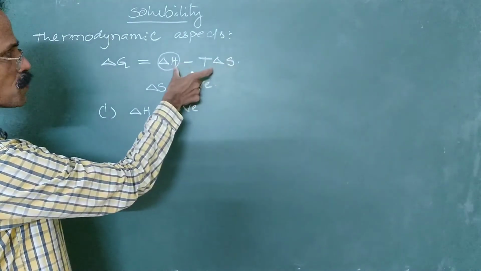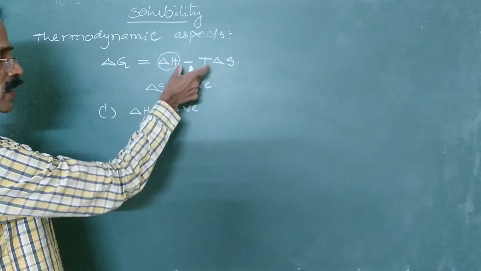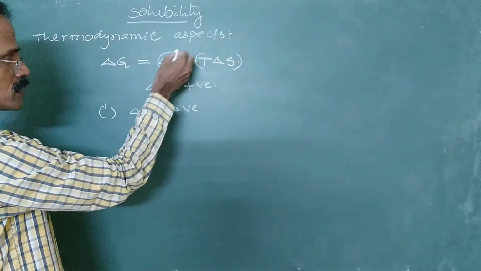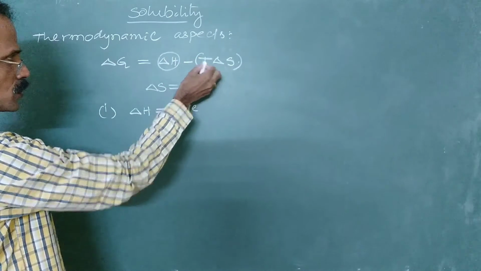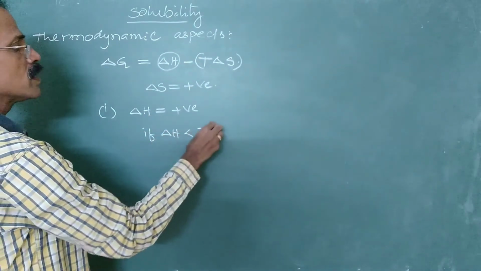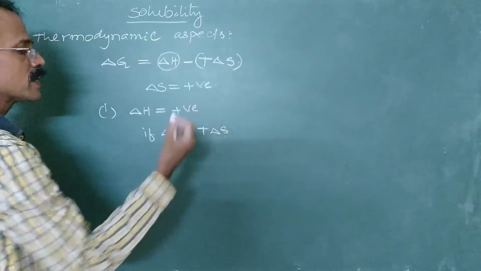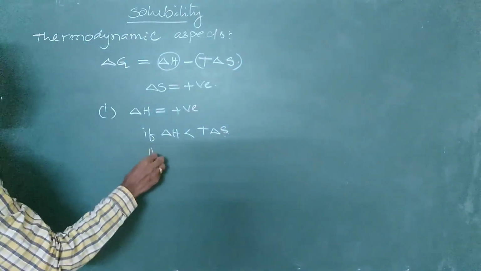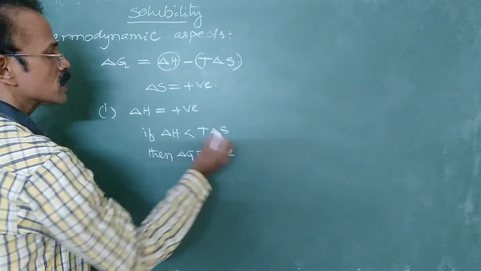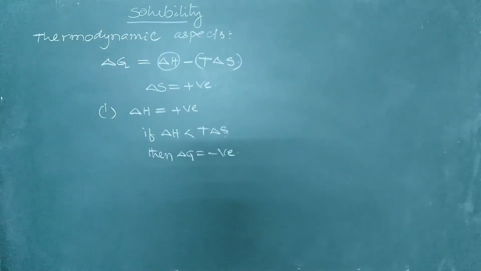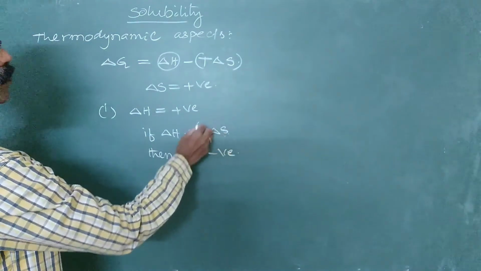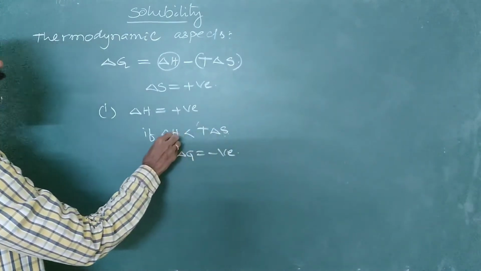So the difference must be negative, when this term is less than this term, right? So if delta H is less than the product of T delta S, then what happens? Delta G becomes negative. In this case, the solute is soluble in solvent. So this value should be less than this positive value.